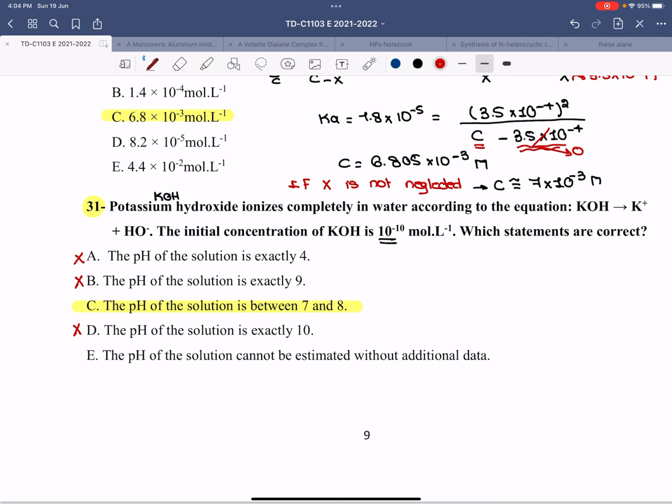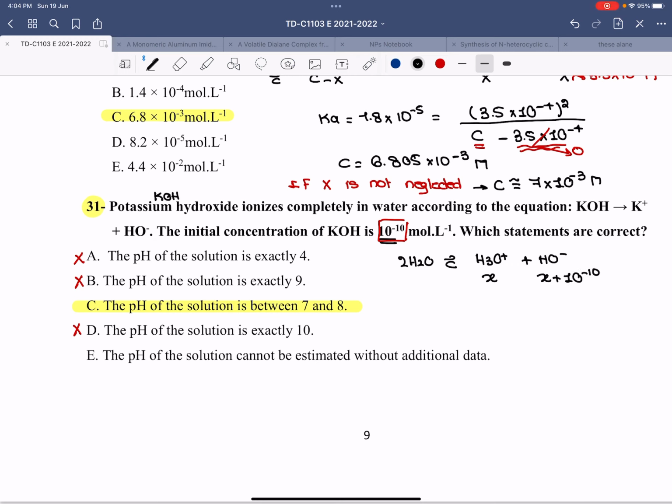First, this is the concentration of your base, okay? Second, you have to take the autoionization into consideration, which is basically H3O plus with HO minus. When you add a base, it's 10 to the negative 7, plus 10 to the negative 7, it's actually X plus 10 to the negative 10.